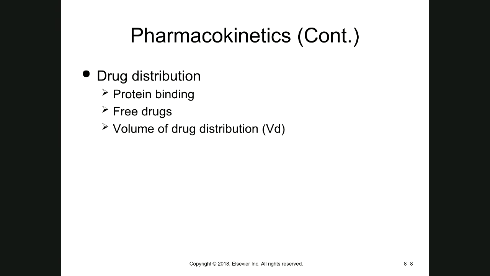Now, drug distribution involves protein binding, free drugs, and the volume of drug distribution. We will see that with the route of administration, for instance, insulin, growth hormones, or other protein-based drugs are destroyed in the small intestine.